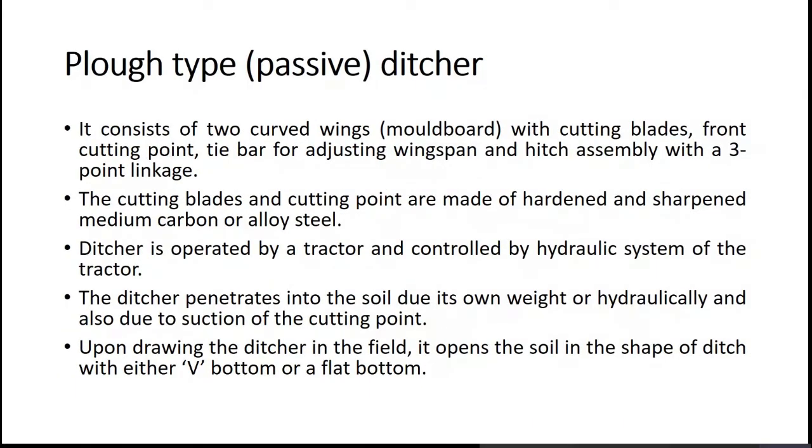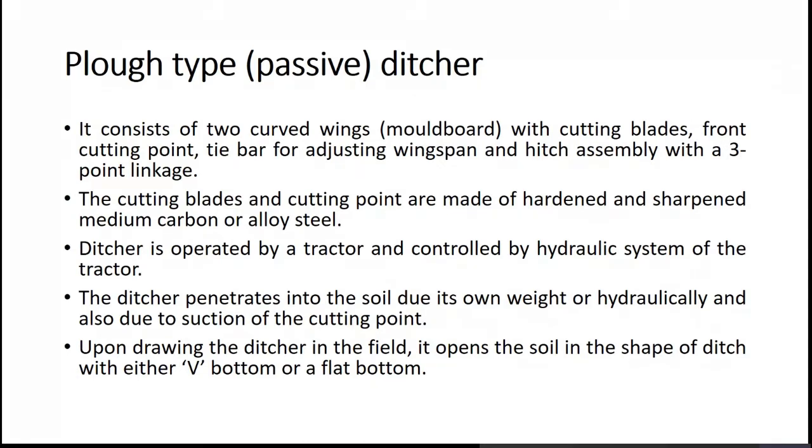Now the plow type passive ditcher consists of two curved wings. Again they are called moldboard. We have seen moldboard several times. There is the moldboard plow as well. Even in a bulldozer we have seen the blade portion, the soil working part, that is called moldboard.